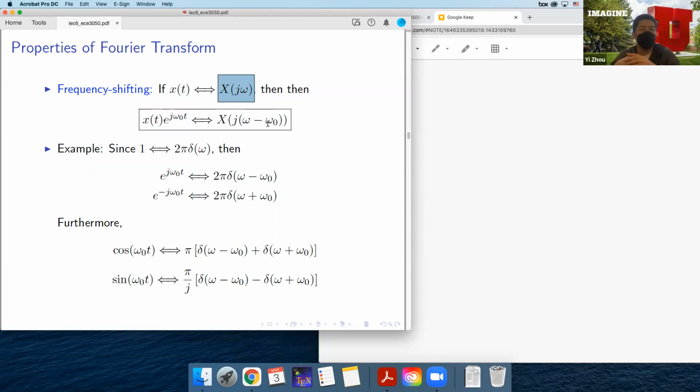This is a very important property, and it tells us that we can shift the spectrum of a signal by modulating the signal in such a way. Just multiplying the signal by a complex exponential, we can shift the spectrum of the signal in the frequency domain.